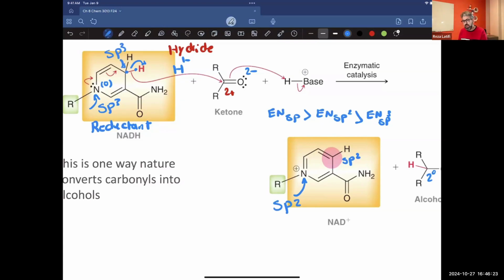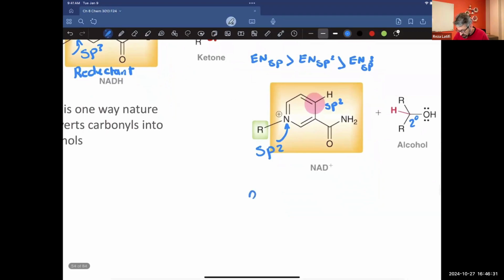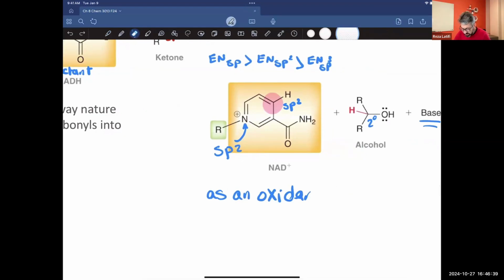So NAD plus is going to be really, really thirsty for electrons. What does it mean? It means it can behave as an oxidant, or oxidizing agent.